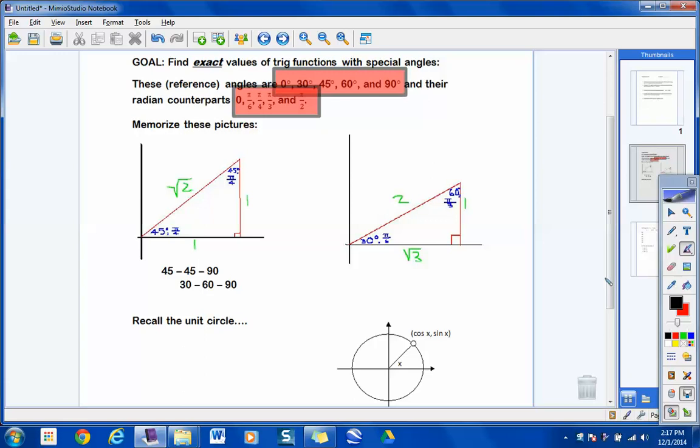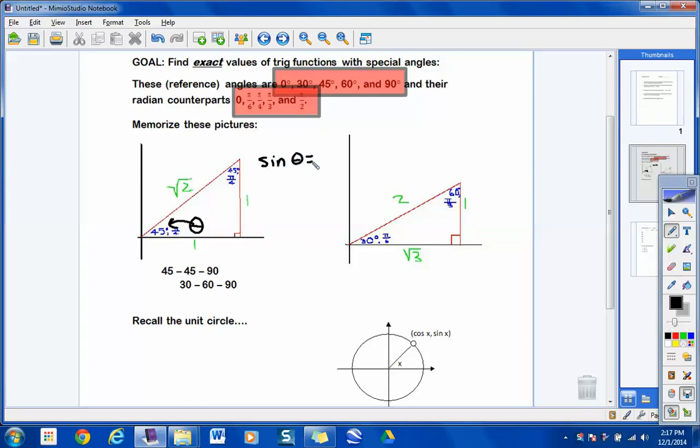I just want to prove something to you about your unit circle. Guys, this triangle right here, if I said that this was my angle theta right down here, all right? And that angle theta was referenced to the origin. If I asked you in this question, guys, what is the sine of our angle theta right here?